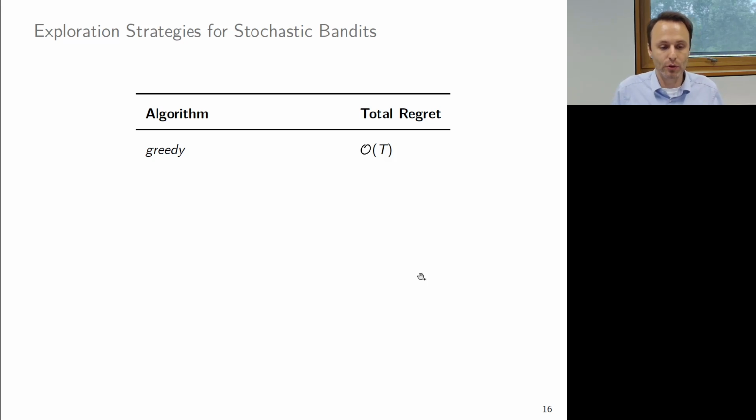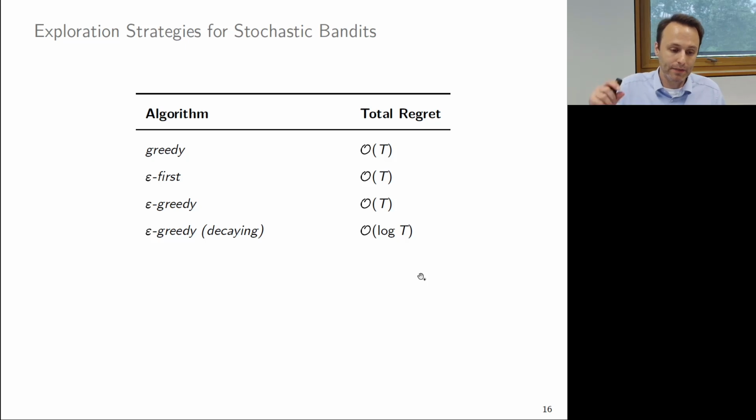So here's an overview of algorithms. The greedy algorithm, the epsilon first, the epsilon greedy, they all have linear regret, which is, well, not really good because we will always learn. If we use the version of epsilon greedy that has a decaying epsilon, then we will end up with logarithmic regret, which is great, we cannot do better actually.